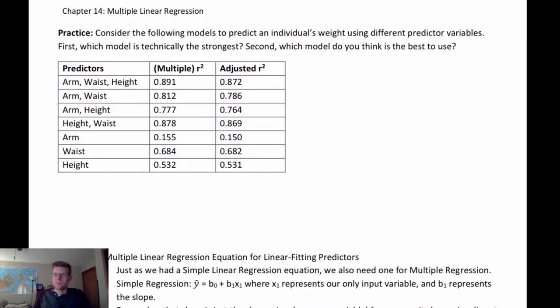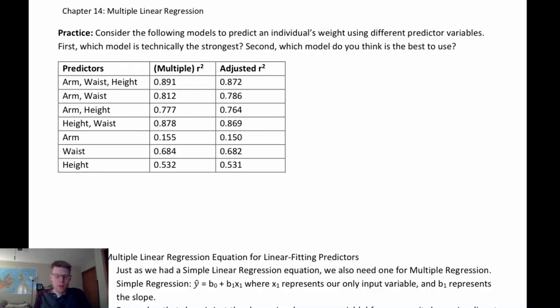All right. So with that in mind, let's look at an example. Consider the following models to predict an individual's weight using these different predictor variables. It looks like we have 3 predictor variables available to us: arm, waist, and height of an individual, which we can use to help predict someone's weight. Here, in number 1, I have done every combination of predictors that I could do.